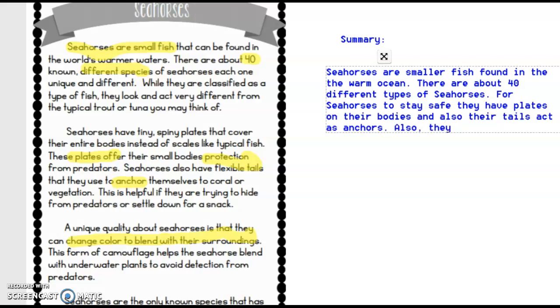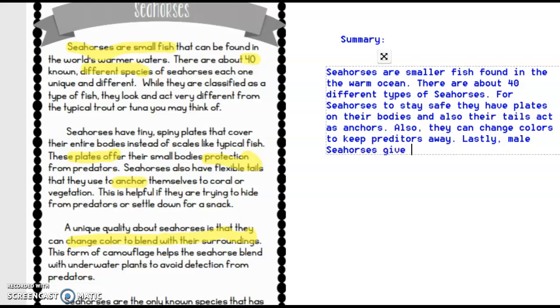Also, they can change colors to keep predators away. Last but not least, you want to say lastly, male seahorses give birth to baby seahorses.